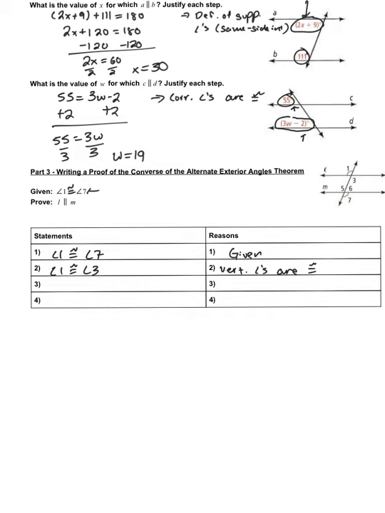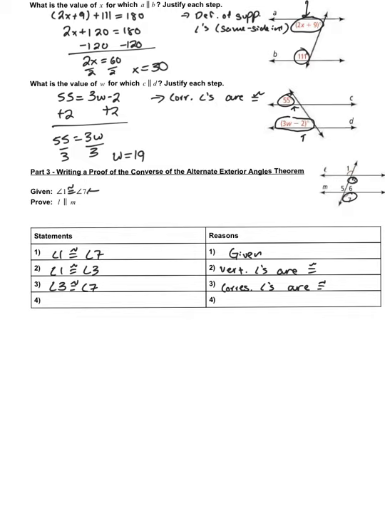And then angle 3 and angle 7 are congruent because they are corresponding angles, and corresponding angles are congruent. And if corresponding angles are congruent, so if 3 and 7 are congruent, then remember that is the converse of corresponding angles.